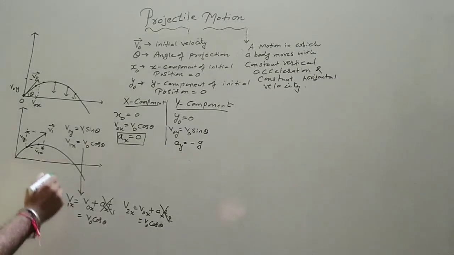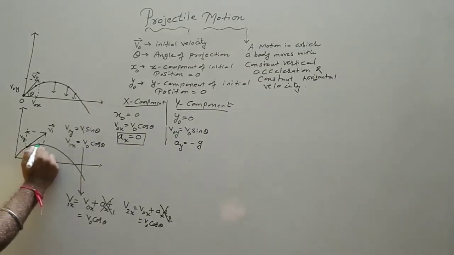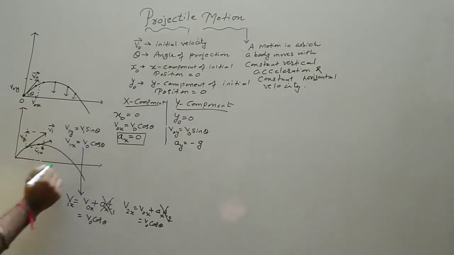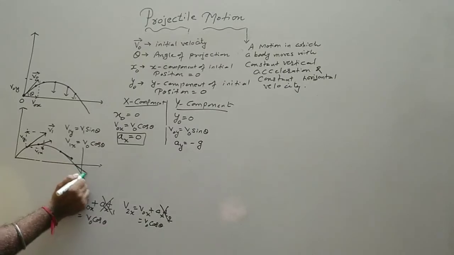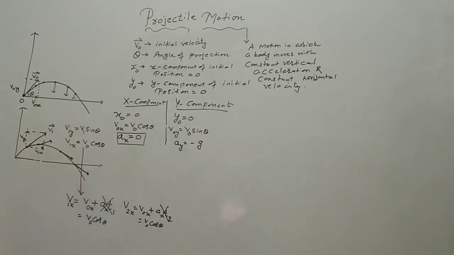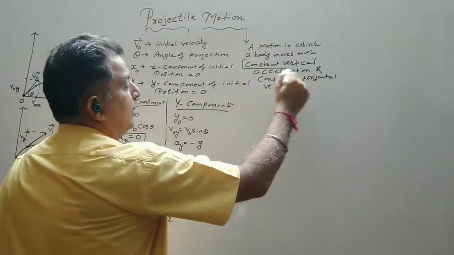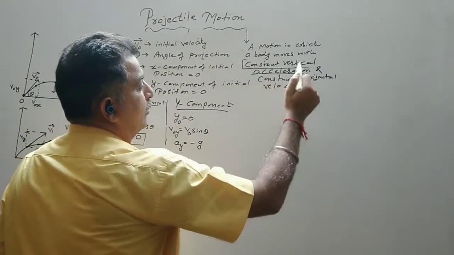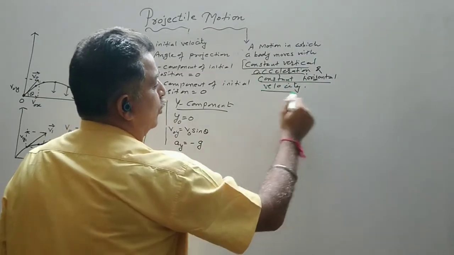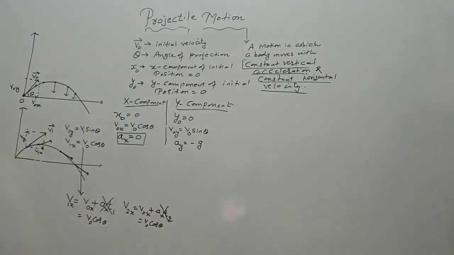But the velocity along the y-axis will keep on changing. At any instant you can always draw a tangent. So this is a tangent drawn on the parabolic path. So these two concepts should be clear, that it has a constant vertical acceleration and it has a constant horizontal velocity.